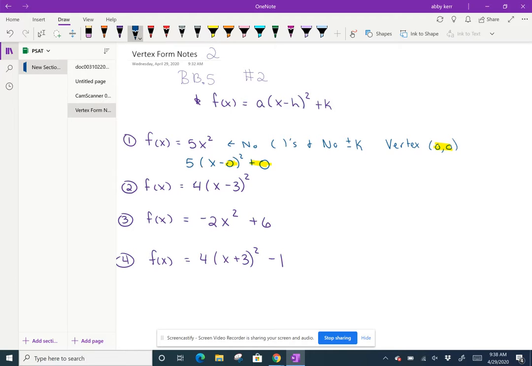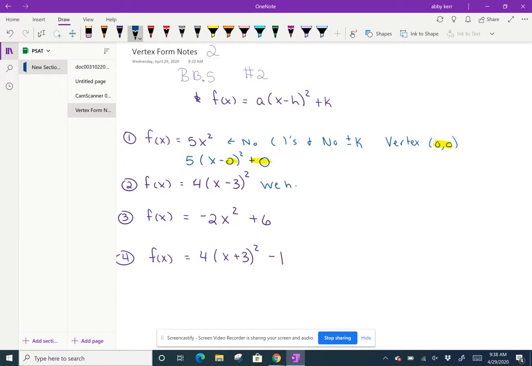Now for the next type, notice we have parentheses, but we don't have the plus or minus k. So in that case, the vertex will be the opposite of what you see inside the parenthesis, at least the x value.